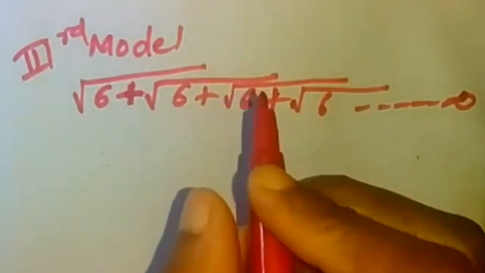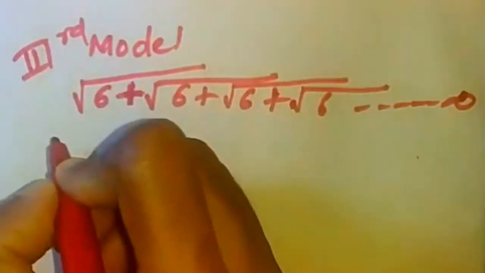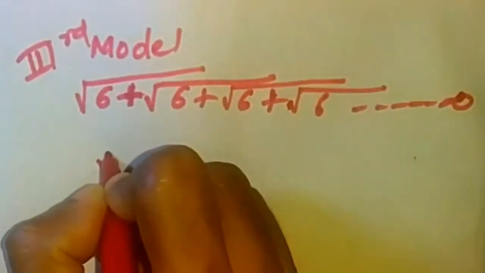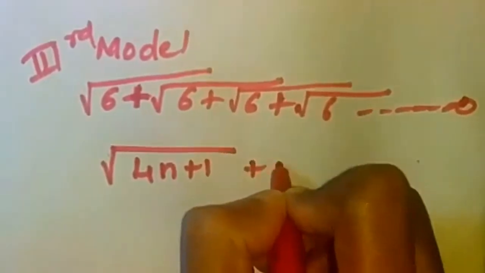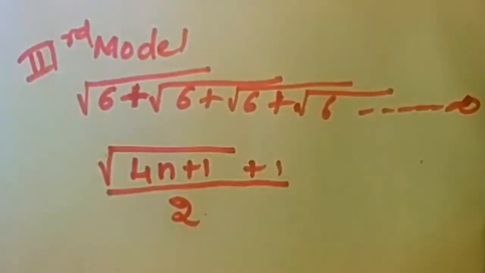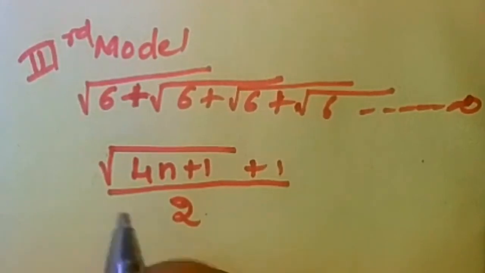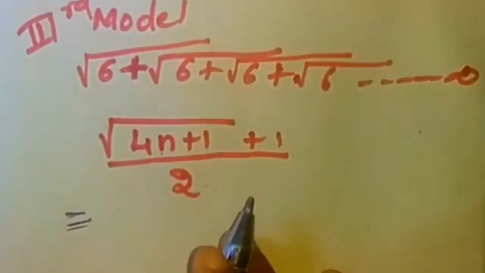Firstly, I'll tell the traditional method and then I'll explain the shortcut. Okay, listen carefully. The formula for this is under root 4n plus 1, plus 1, divided by 2. Now, let's see how to solve this. The value of n is 6.